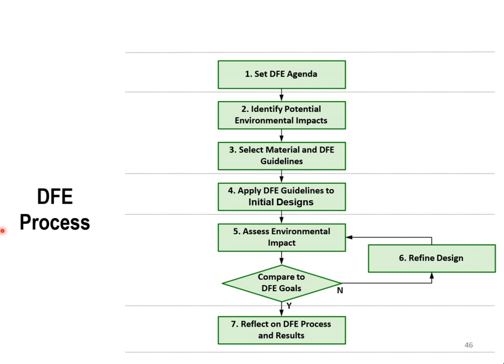So the DFE process: set the DFE agenda, that's the product planning stage. Second, identify a potential environmental impact and select the material and DFE guidelines, and this will be the concept development stage. Now, in the system level design, apply the DFE guidelines to initial designs.